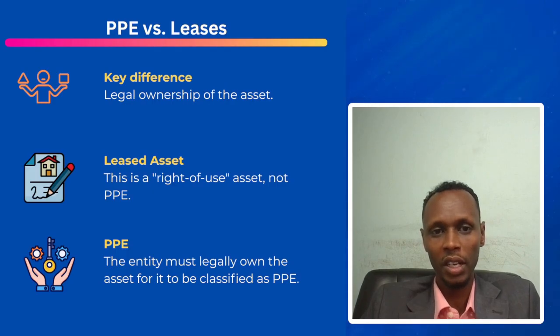That's covered under IPSAS 43. But if the ministry buys its own vehicles and uses them, then those are PPE. So what you own or control is your PPE. But what others own or control and give you for a limited time, that becomes a leased asset and it won't fall under PPE in IPSAS 45.